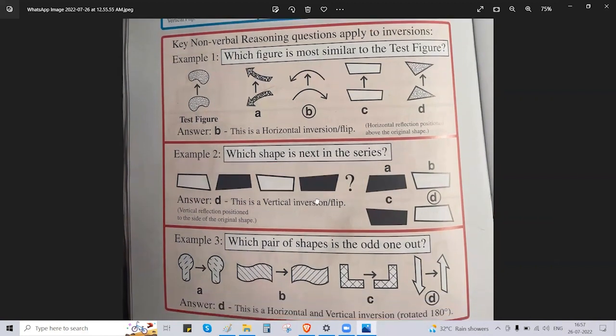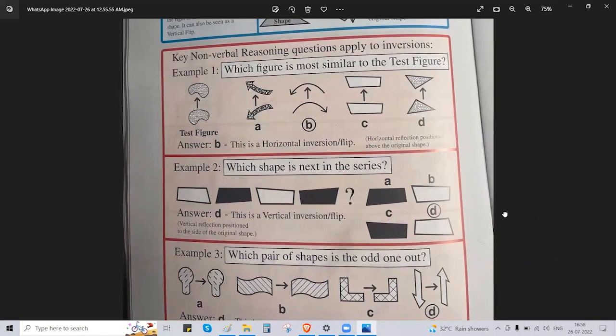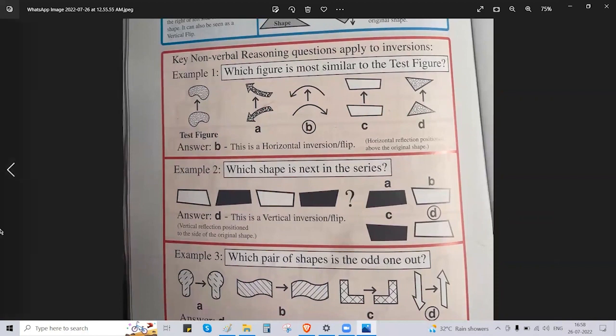You're welcome. Now let's take a look at the next one, please. It says example 3. Which pair of the shapes is the odd one out? First we would have to find which way all the shapes are flipping.